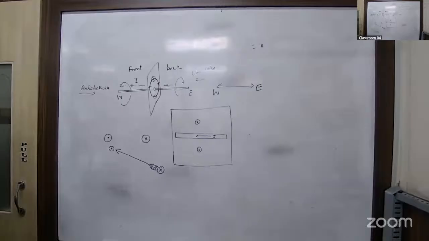Now the current is going from east to west in this direction. Now if you apply the right hand thumb rule, how will you apply it? Like this. Okay? So on this side it is clockwise. Clockwise. So if you draw this clockwise one from this side, how will it look? Anti-clockwise. That's all.